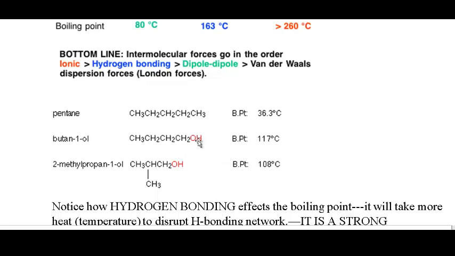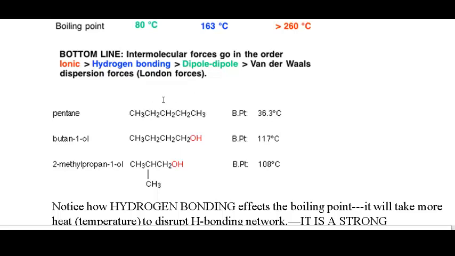So we have stronger intermolecular forces in butanol and 2-methylpropanol because of the hydrogen bonding potential provided by the OH group. Right? So strong intermolecular forces here, strong intermolecular forces here, weak intermolecular forces here. What holds together pentane with another pentane molecule? It's nonpolar interactions.